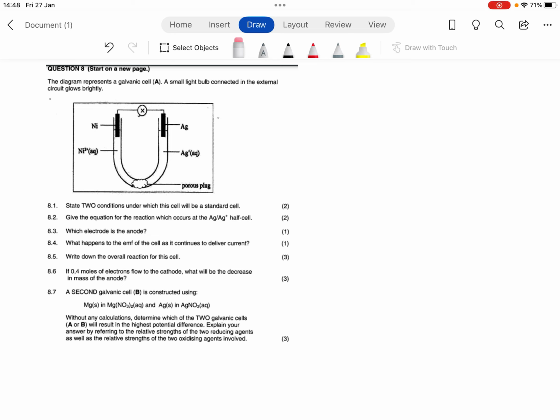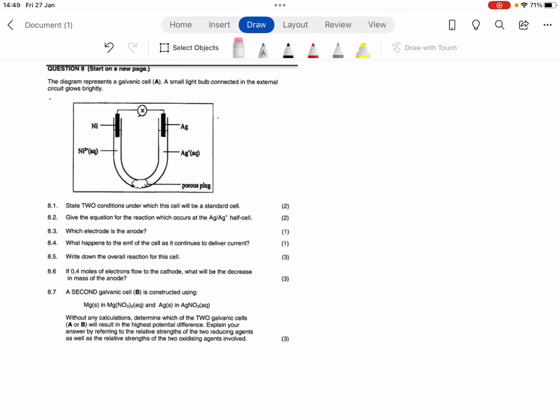Okay, so how do we know whether it's going to be an oxidation reaction or a reduction reaction at that specific half cell? What we're going to do is go to our table 4b of standard reduction potentials, and compare the two metals in this case. So we're going to look at where Ag is and where Ni is on the table, and we're going to notice that Ag is much higher up than nickel, which means it has a higher oxidizing ability.